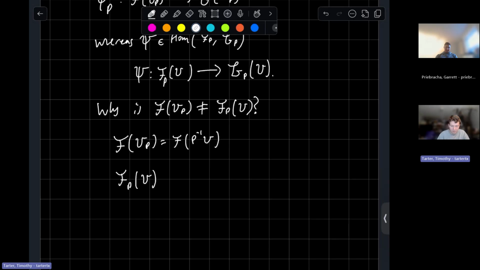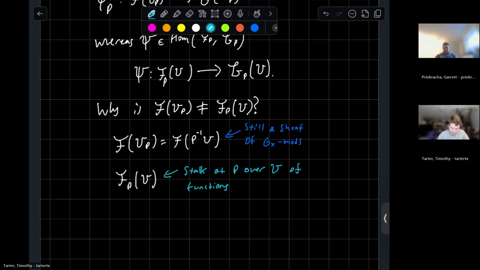So this is still a sheaf of OX modules, whereas this is a stalk at P over U. I don't know if it's a function.